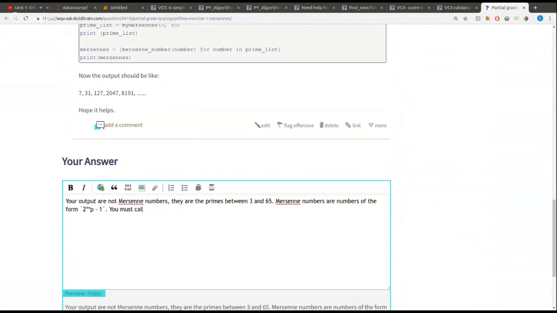You must calculate the Mersenne number with the power p for each prime between 3 and 65. In other words, take your current list, and for each number in it, raise 2 to the power of that number and subtract 1.